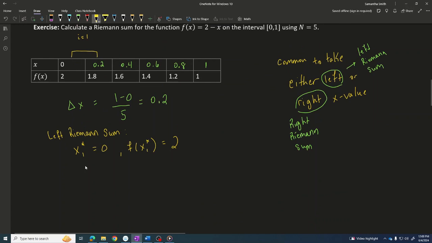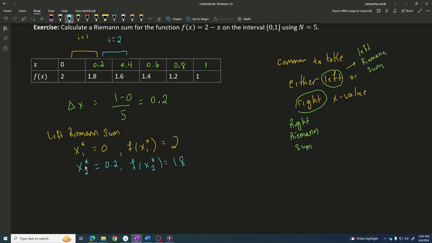If I made the decision to take the left value on each chunk, then on chunk number 2, I would use the value on the left end, 0.2 units. I would decide that the x taken out of the second chunk would be 0.2, and then the y value associated with that would be 1.8.